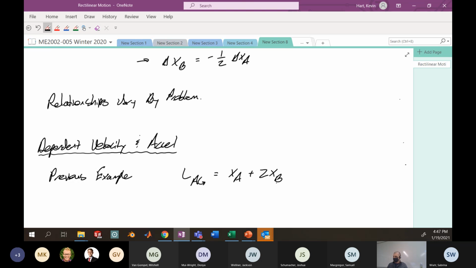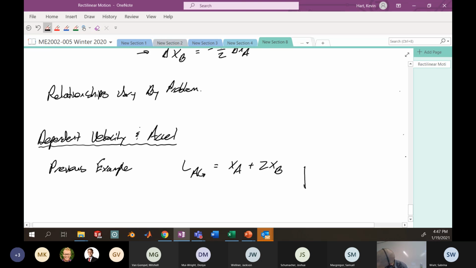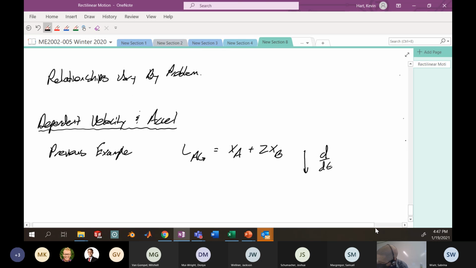If I just took the derivative of this, I will end up with the derivative of the length of rope with respect to time equals the change in the position of object A with respect to time plus 2 times the change of the position of B with respect to time.